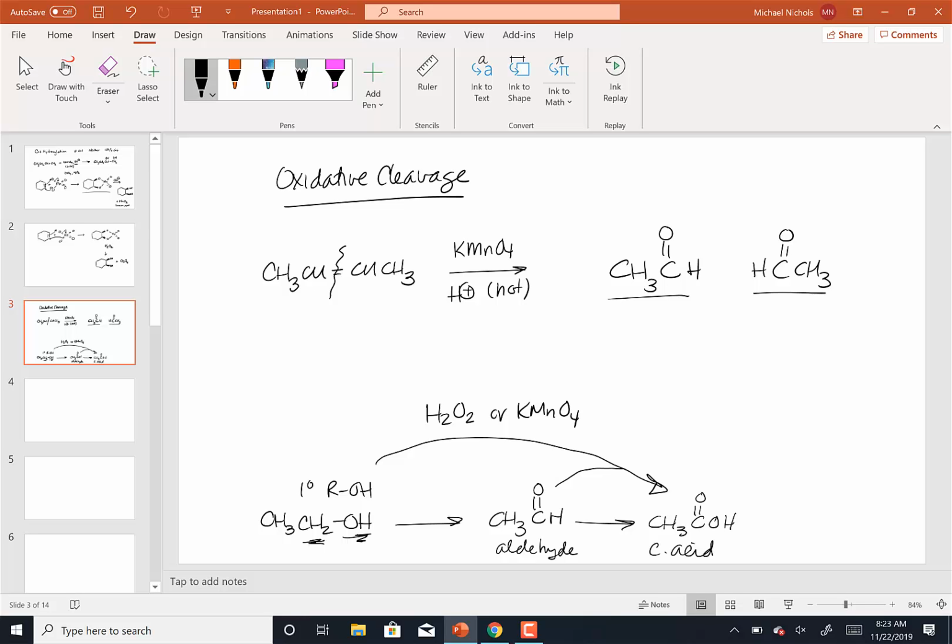So when I make these two aldehydes, each one of them with the KMnO4 that's in solution is going to be oxidized up to carboxylic acids. So whenever I make an aldehyde by my first cleavage part, which is erase the double bond and put in two C=O double bonds, if I have an aldehyde and I'm using KMnO4, that will be oxidized to the carboxylic acid. So the final answer to this reaction is I make two carboxylic acids.